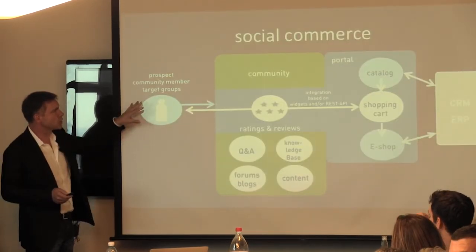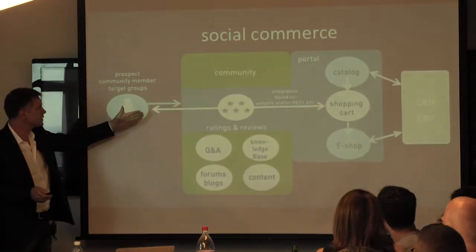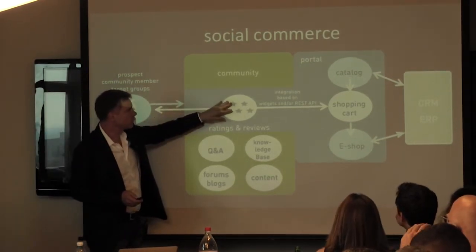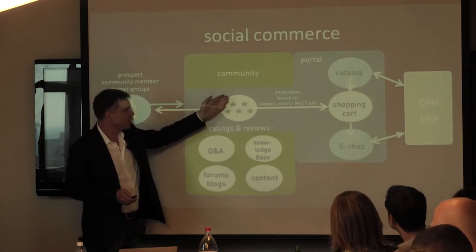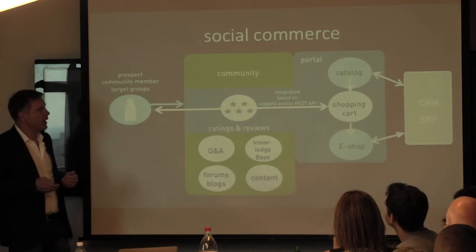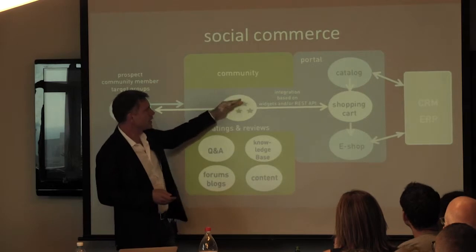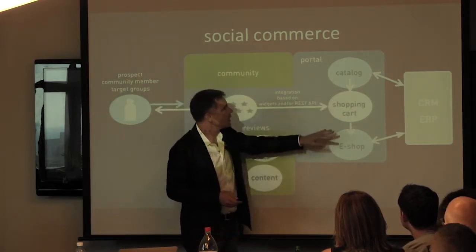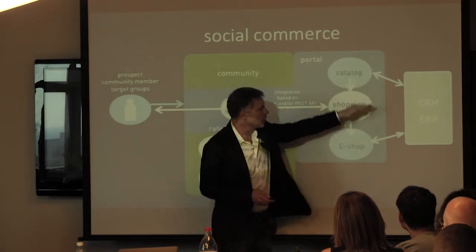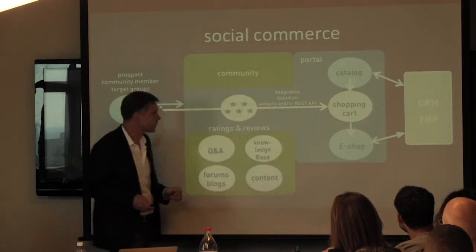And this is how the social commerce business process works. Here you have the prospects and the target groups, and they are looking at the ratings and reviews, built on user-generated content, to inform and help them with their purchase process. And once they like a product, they move it to the shopping cart by using the catalog, and then they buy the product, and afterwards you can connect the eShop and the catalog, for example, with ERP and CRM systems.